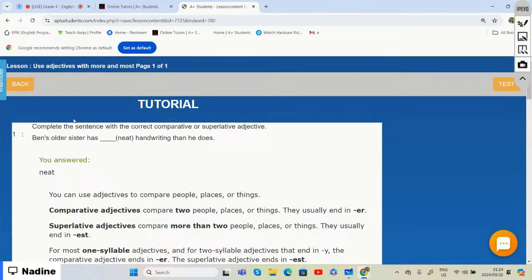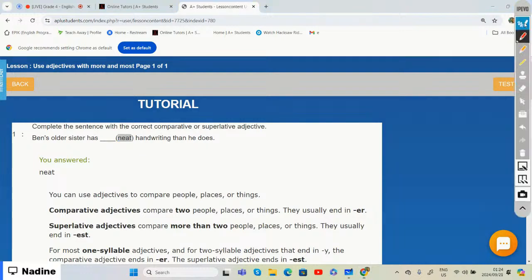All right. So we said Ben's older sister has neat handwriting than he does. And if we were to choose our correct option, the word that replaces the word neat, because remember, it's being compared now, Ben's older sister's writing to his writing. So we're going to say has neater handwriting than he does. So she's got neat handwriting, but her handwriting is neater than his handwriting.